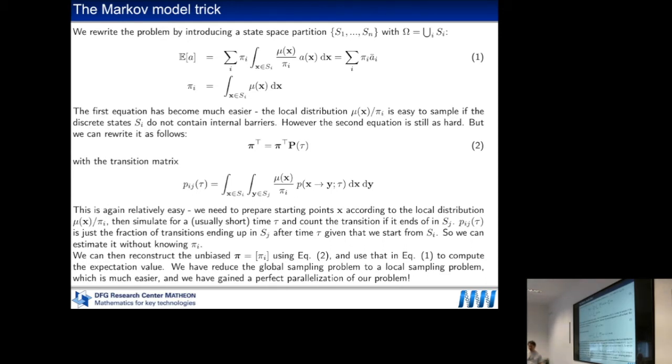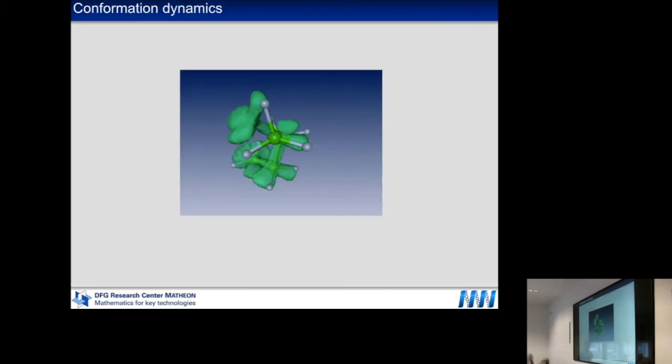It doesn't matter how often I actually started in A and in B, and how this number relates to the actual equilibrium. I can start 1,000 times here, 1,000 times there, whereas the actual equilibrium is 1,000 to 1, and I will still get the right estimate, provided that I get some transitions between them. That's the trick.